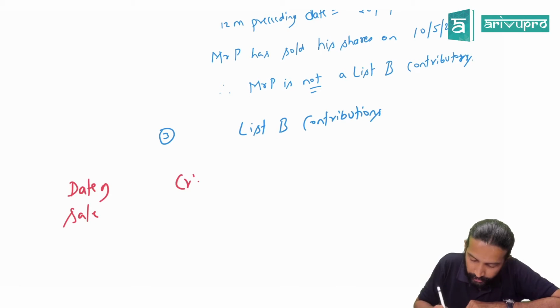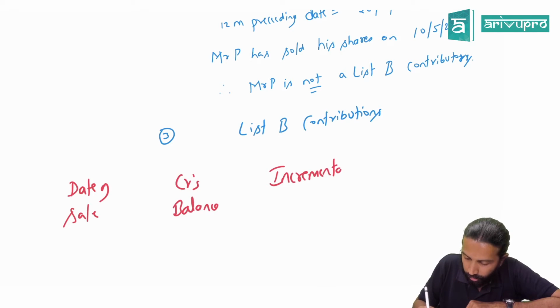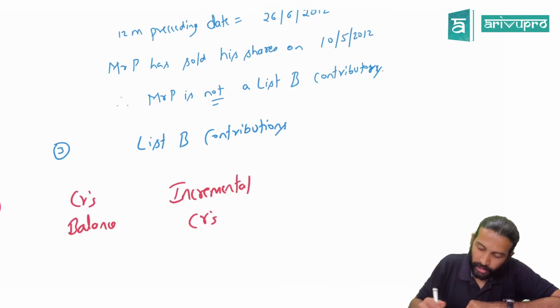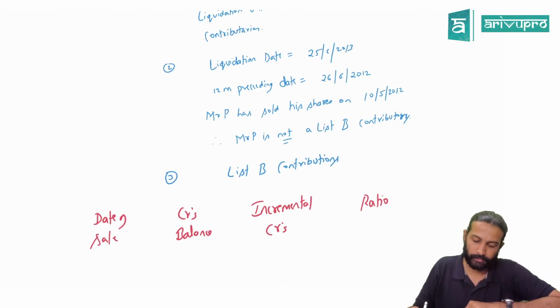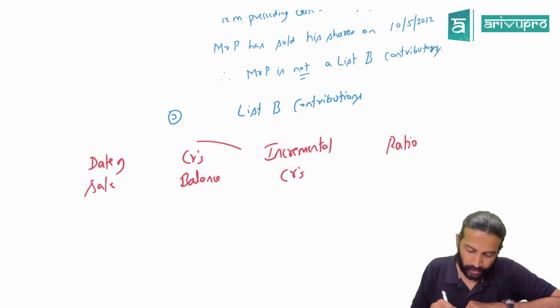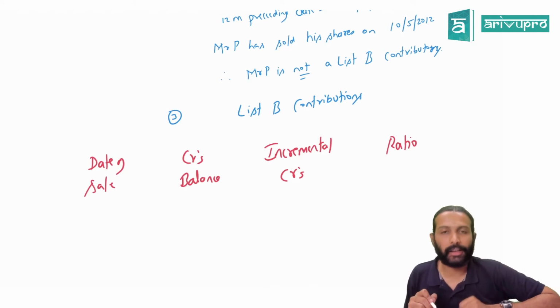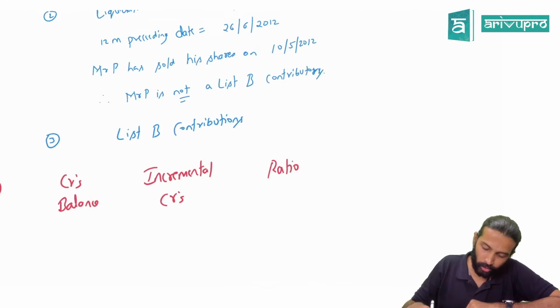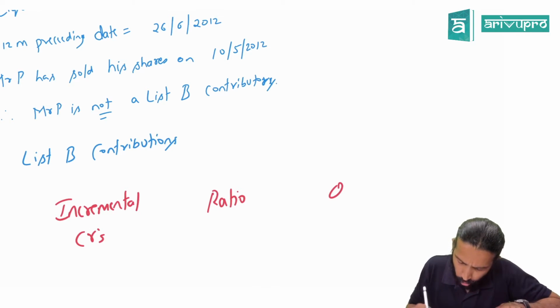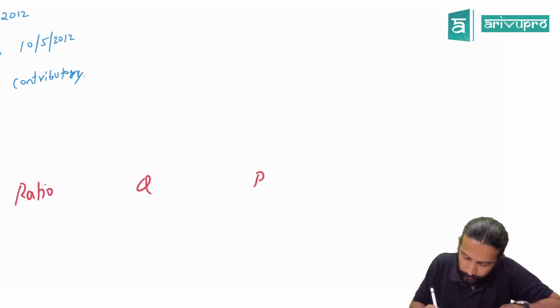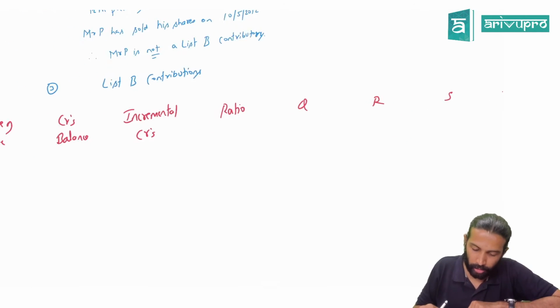Next is creditors balance. Then incremental creditors. Then another column known as ratio. And then you have who are List B contributories: Q, R, S, T. Have these many columns in your notebooks.